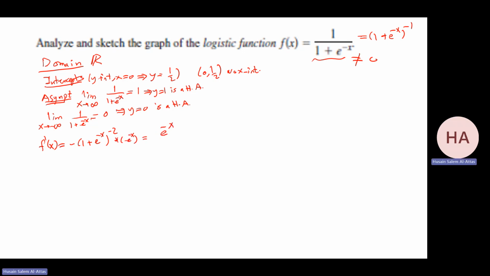So it will be e to the minus x over (1 plus e to the minus x) squared. This cannot be equal to 0. This is always positive. So f is increasing all the way, f is increasing in its domain, which is R.